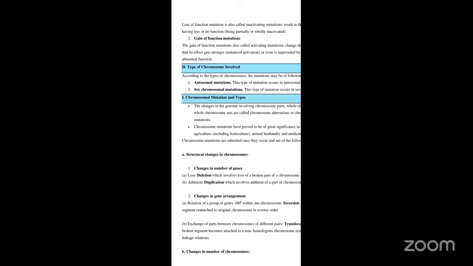If the mutation occurs in the autosomal chromosomes or autosomes, you call it an autosomal mutation. And if the mutations are seen in sex chromosomes, it is called a sex chromosomal mutation. Autosomes are chromosomes 1 to 22, whereas sex chromosomes are the X and Y chromosomes.